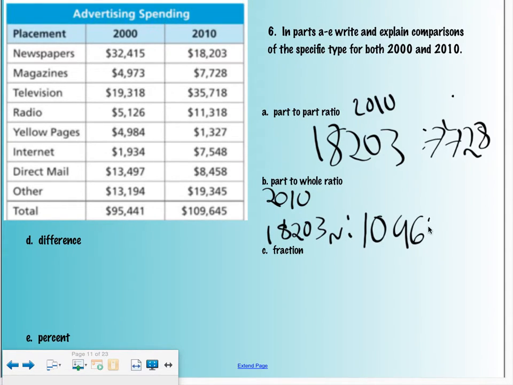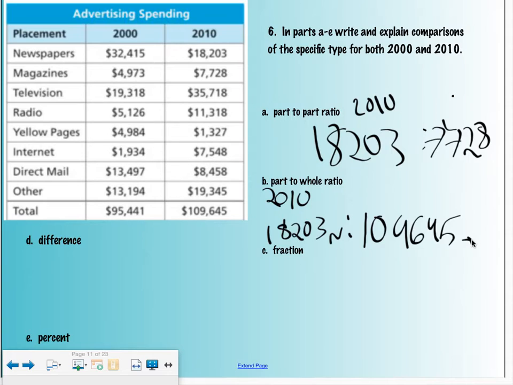So that is a part to whole ratio. We have newspapers, we have totals. What could you say about that ratio though? What does that mean? It's newspapers to everything. So if I asked you to write one word sentence for us, what would you say? That's how many newspapers made in 2010 compared to all placements.